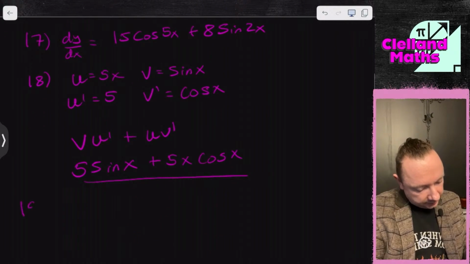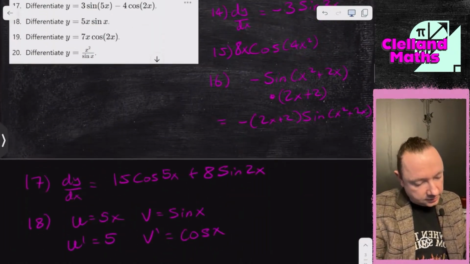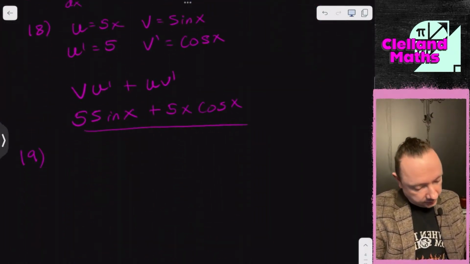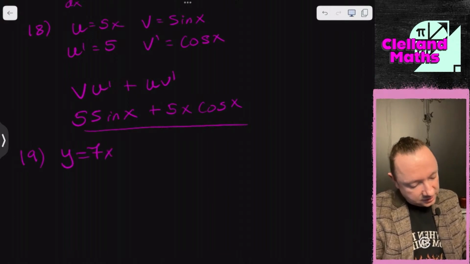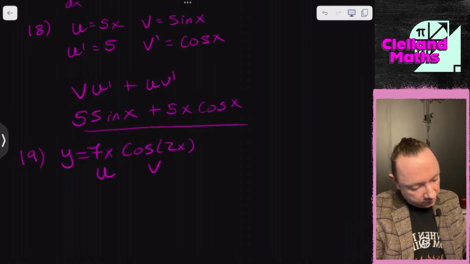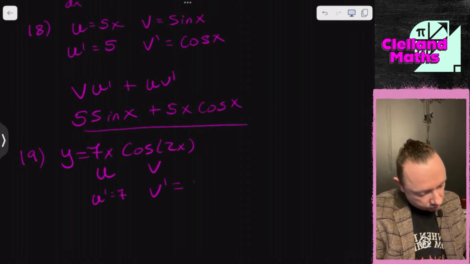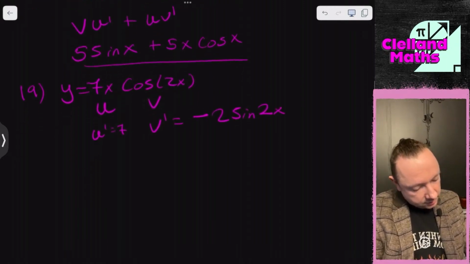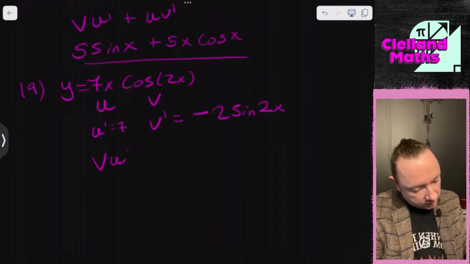Let's look at number 19. 19 is 7x cos 2x. Let me write that down, 7x cos of 2x. So that'll be my u, that'll be my v. U dash is 7, v dash is minus 2 sine 2x. So it's vu dash plus uv dash.